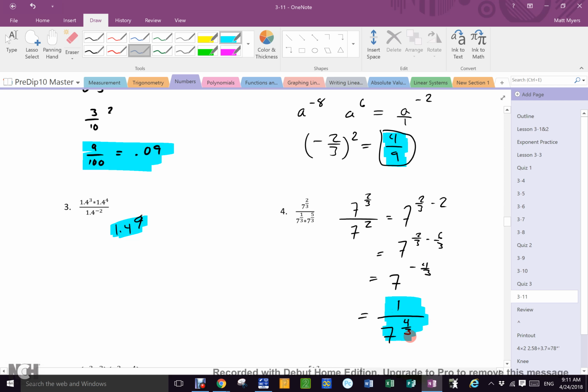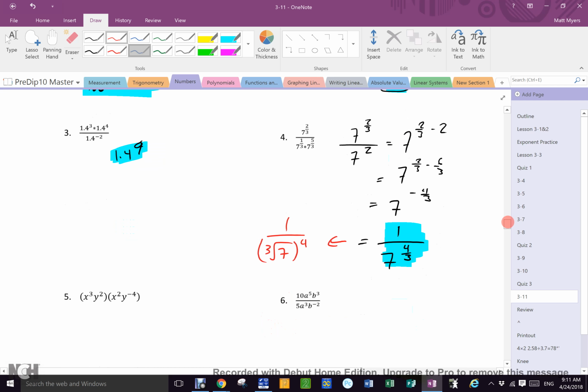That's the final answer, but you could also write it as 1 over the cubed root of 7 to the 4th, because there is no such thing as a negative exponent. Yes, you move them to where they become positive.